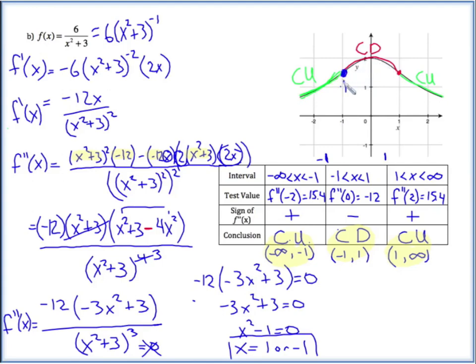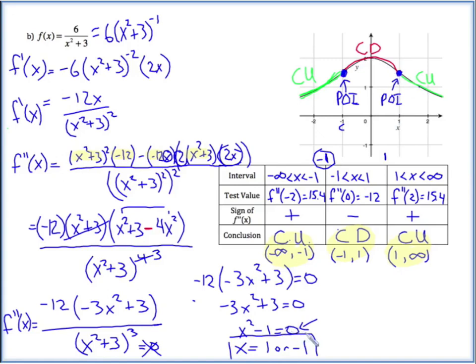So this would be a point of inflection, and our c value would be -1. At -1, our second derivative equaled 0. And there was another point of inflection here because we switched from concave down to concave up, and the second derivative was also 0.